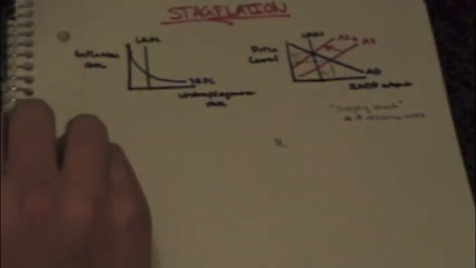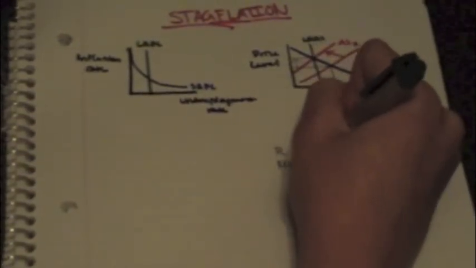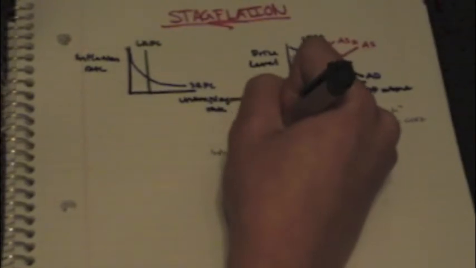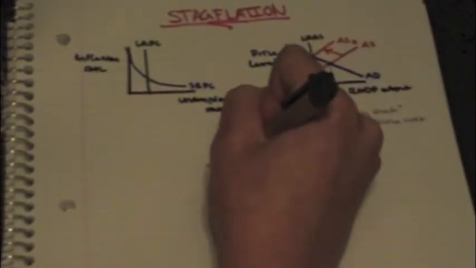And when you put that into the relationship between the Phillips curve and the ADAS graph, price level and RGDP, and over here you would have inflation and unemployment.